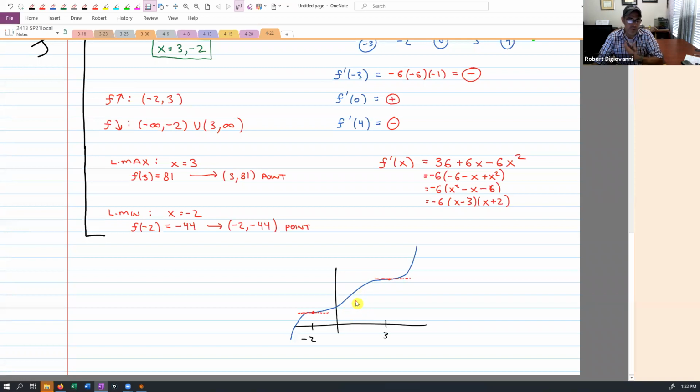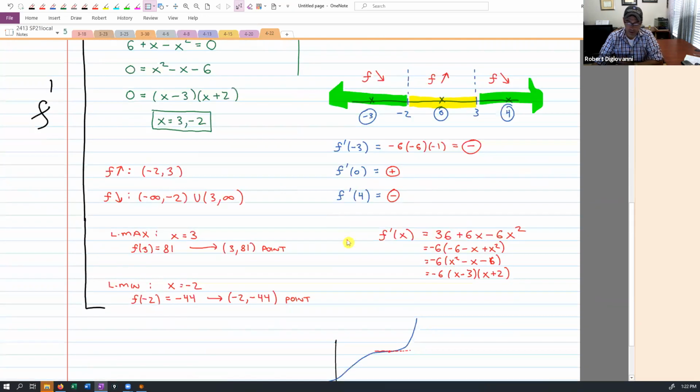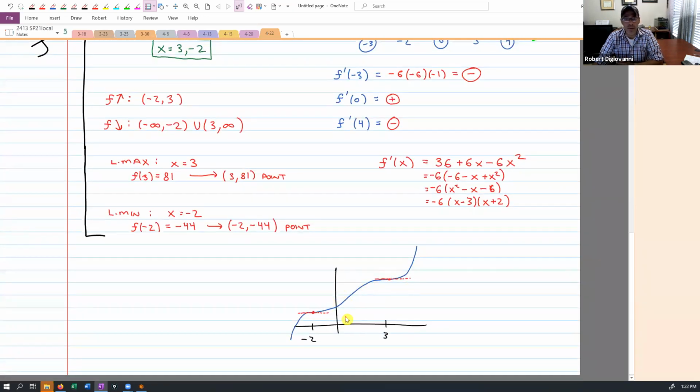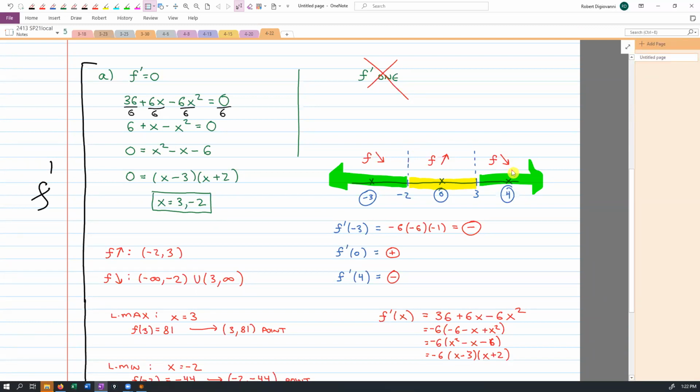So I've given you a function where at -2 and 3 the derivative is 0. However, this graph has no local max or min. This is not enough information to tell whether a local max or min is happening there. I have to see the change in the derivative, going from down to up, or from up to down. Does it make sense?